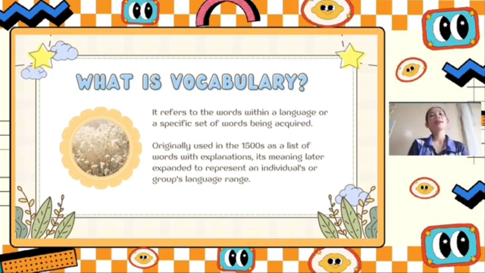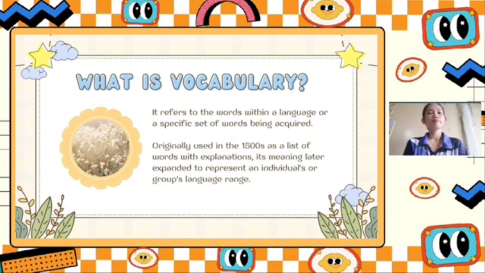So, since vocabulary is essential for communication, it's not just about knowing words but also about learning them effectively. This means teaching vocabulary cannot be a random, spur of the moment decision. It requires a structured approach to ensure effective learning and retention.